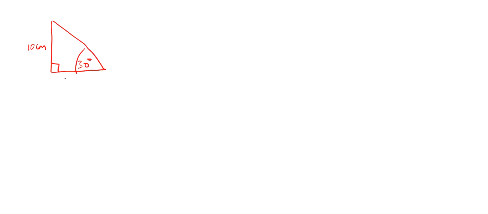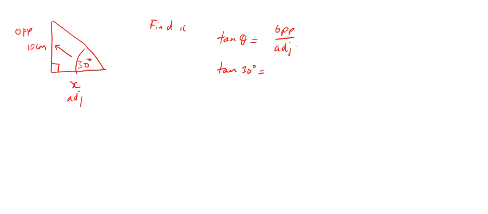Let's say we want to find x in this case here. So this is the opposite side, and this is the adjacent side. And we want to find x. So therefore we're going to use tan theta is equal to opposite over adjacent, right?